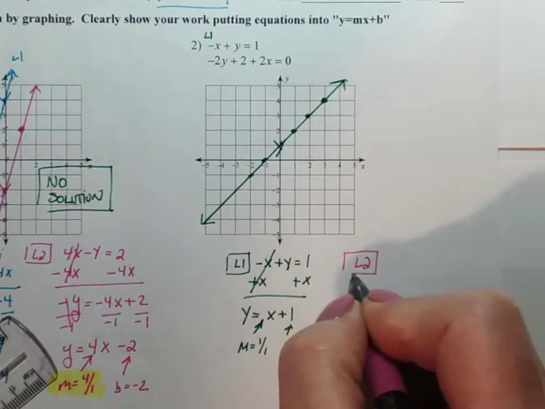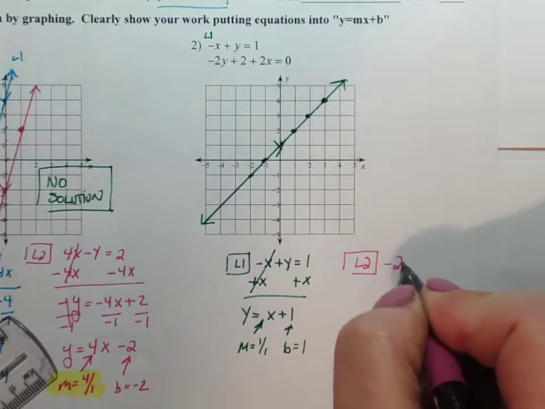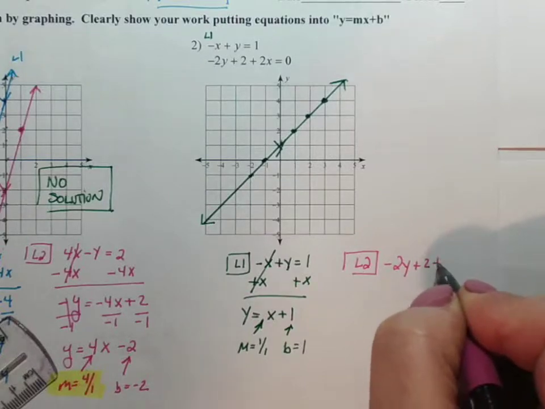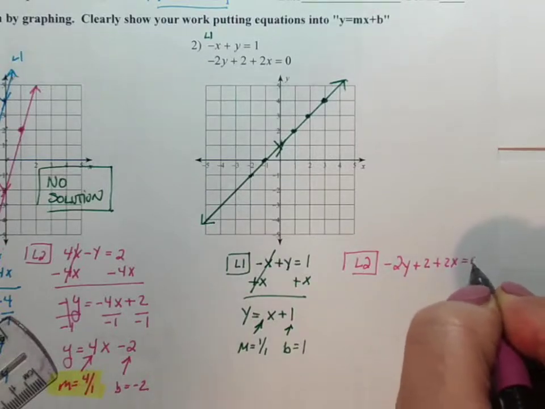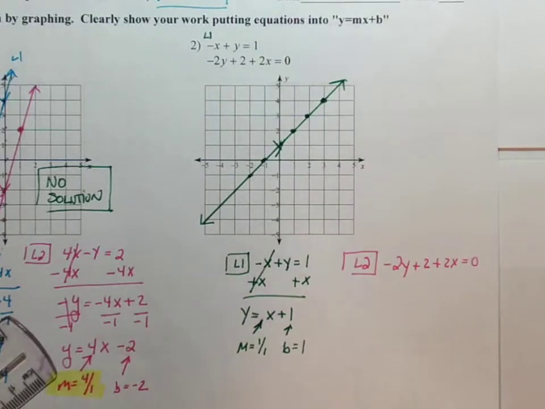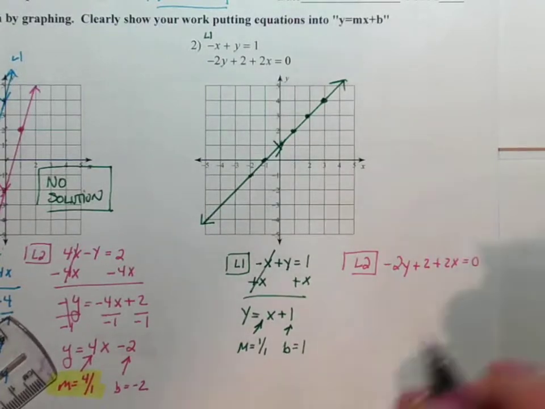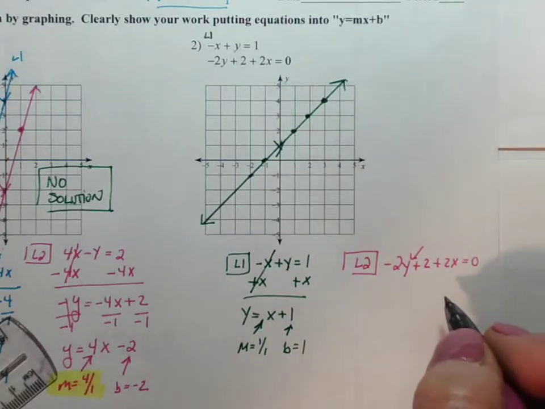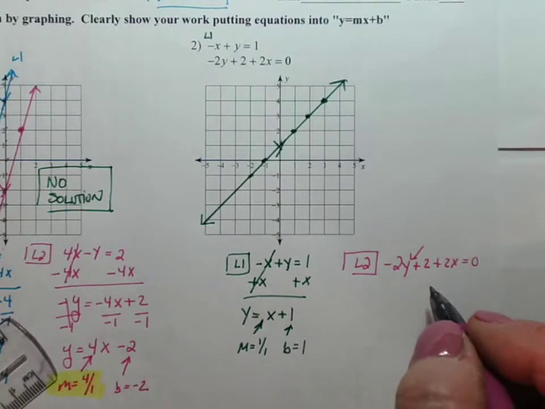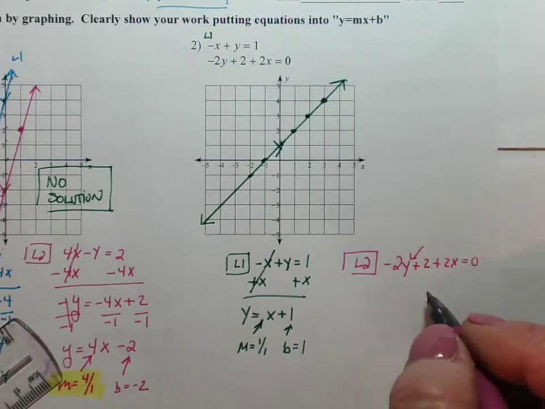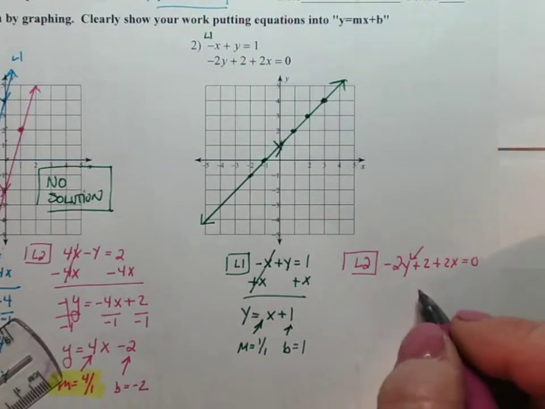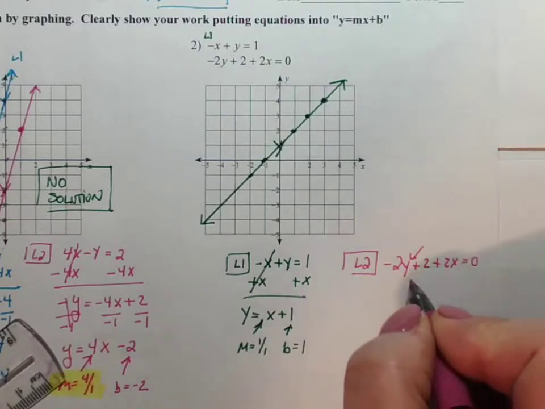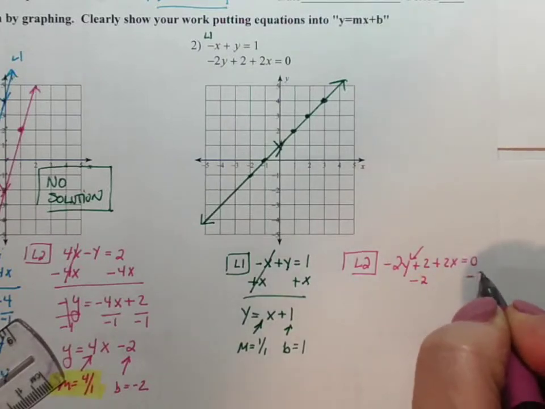Line 2 is -2y plus 2 plus 2x equals 0. Now we want to get y by itself. Now we could do two things, or we can do one step at a time. So however you're most comfortable solving for y, I'm going to subtract 2 from both sides.